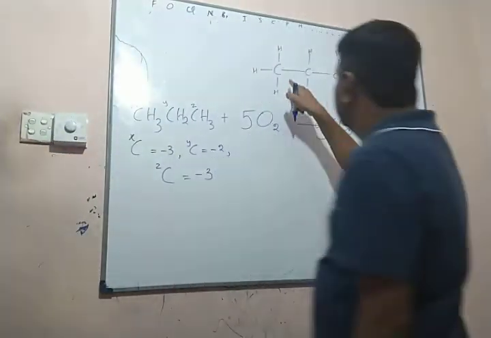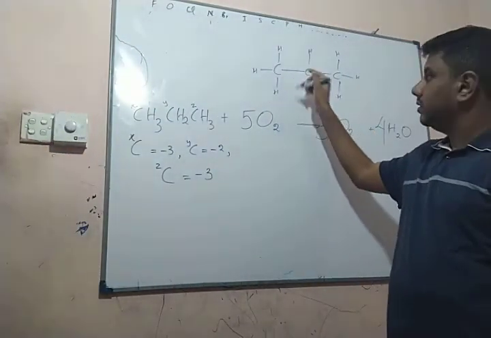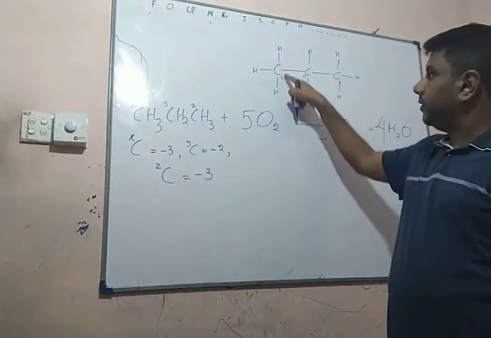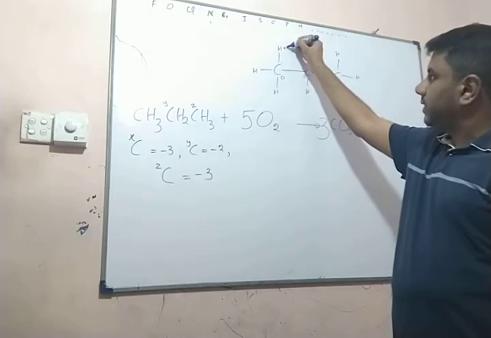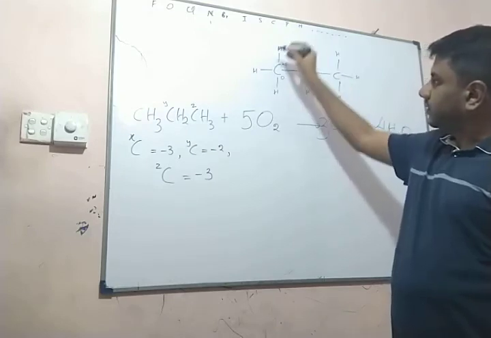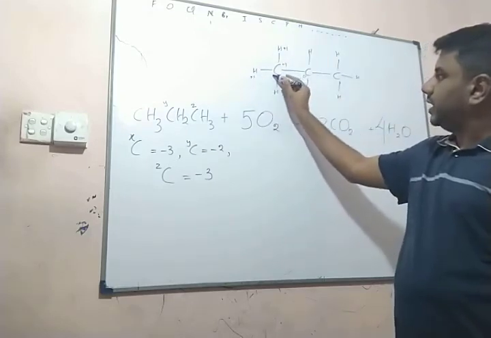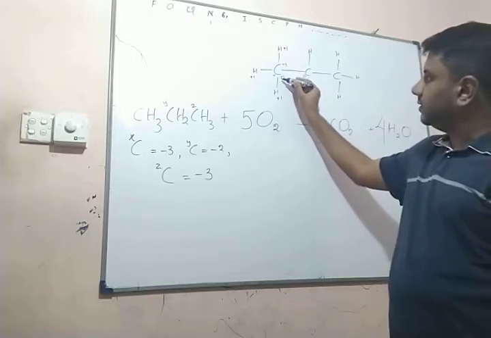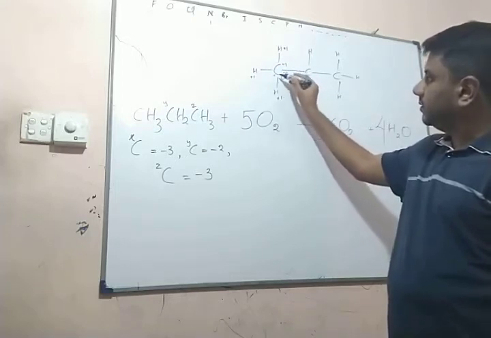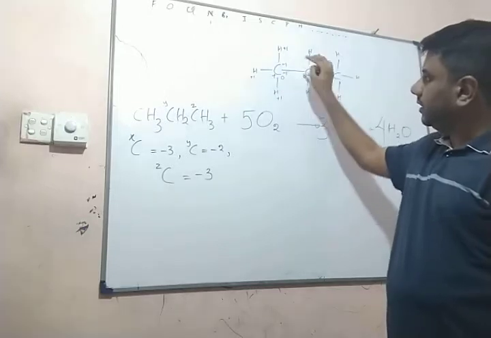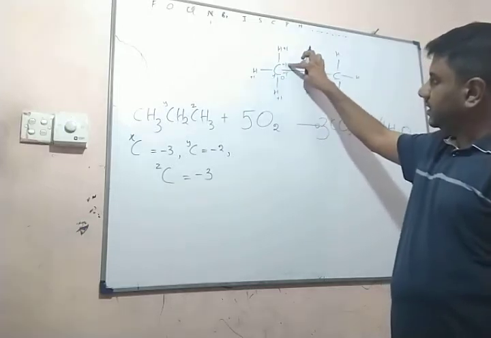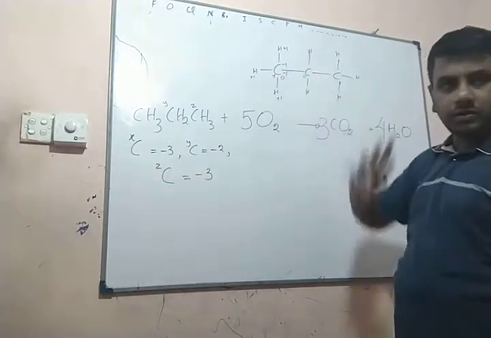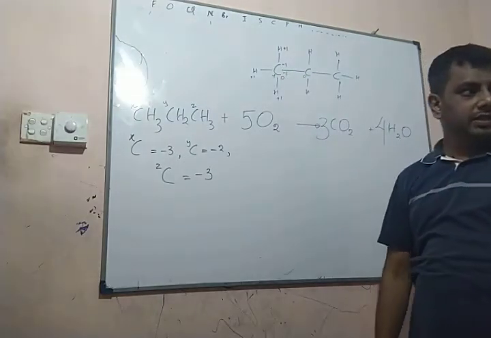Okay. From this bond, 0, 0. From this bond, +1, -1. From this bond, +1, -1. From this bond, +1, -1. Okay. So totally -3 plus 0, -1, -1, -1, 0.